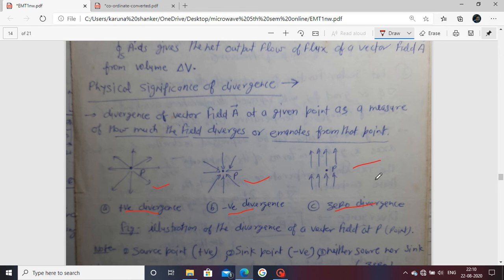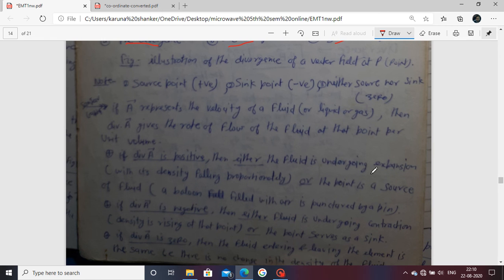Here you write up a point. If the divergence of A is positive, then either the field is undergoing expansion or the point is a source of fluid, means overall positive divergence means diverges from a particular point, means source.